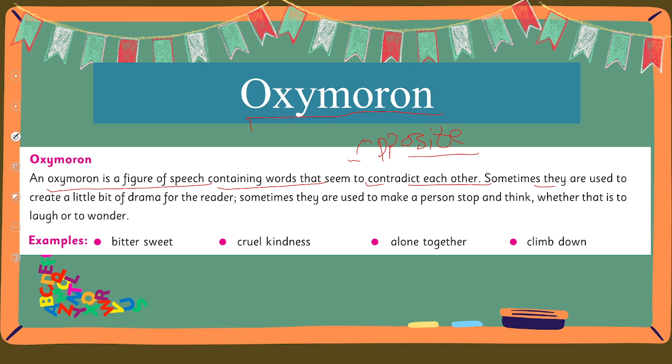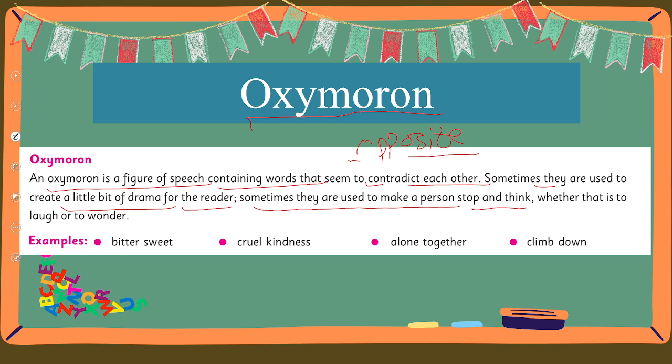Sometimes they are used to create a little bit of drama for the reader. Sometimes they are used to make a person stop and think, whether that is to laugh or to wonder. So, oxymorons are very much important to create a dramatic effect.